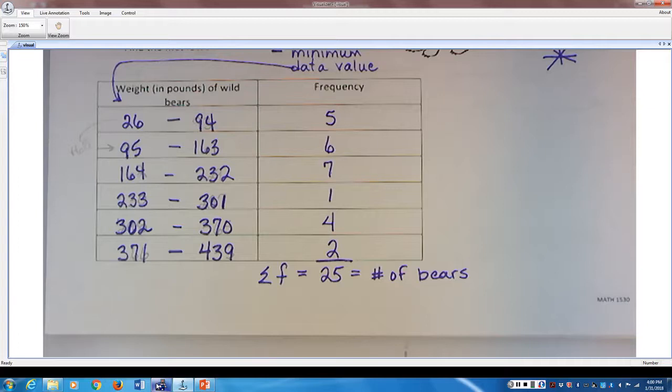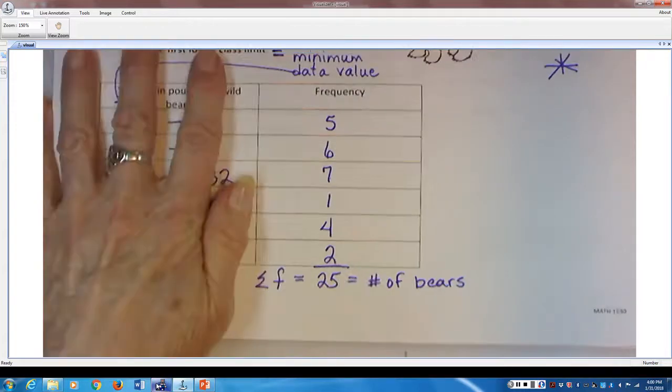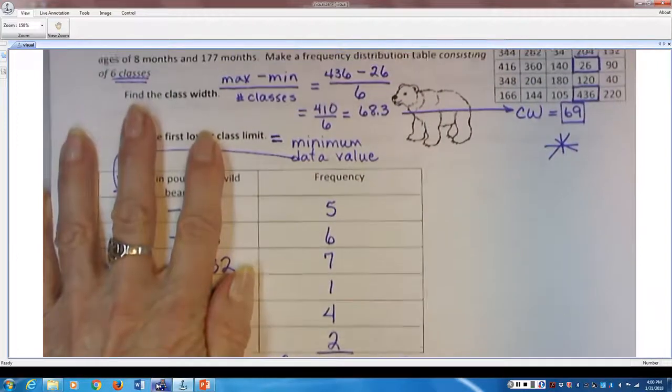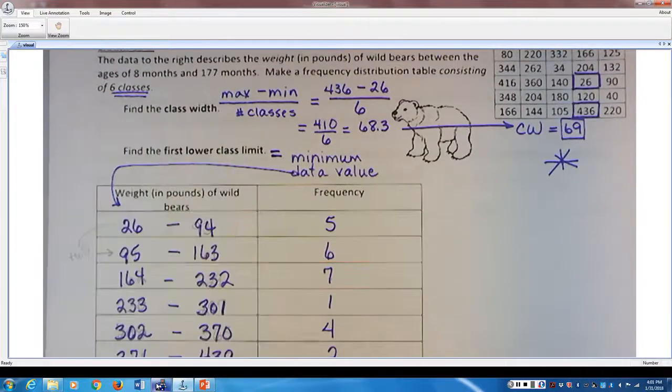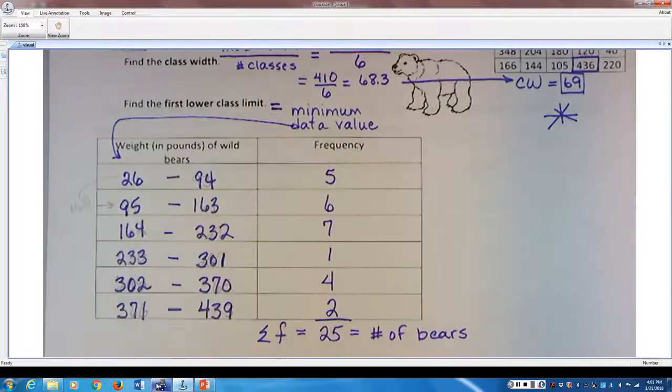A good spot to discuss relative frequency? Yes, but we're not going to go there yet. I understand, but we're going to practice with this a little bit first. So yes, we are at a good place to talk about relative frequency, but all they asked us to do was make a frequency table. So I need to stop and say, does everybody understand, or does somebody have a question?